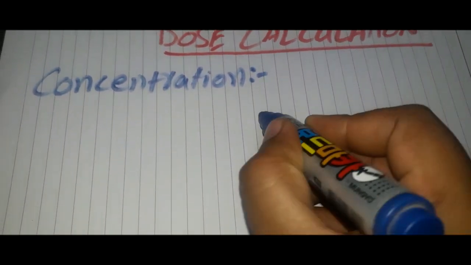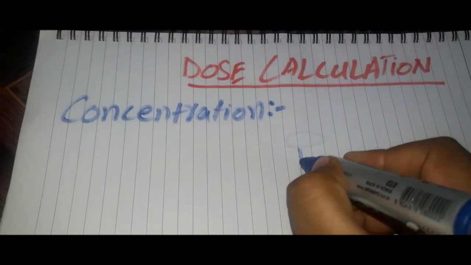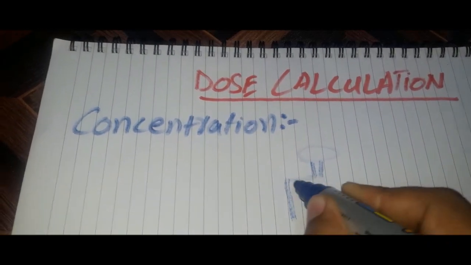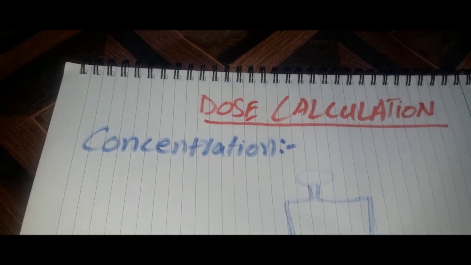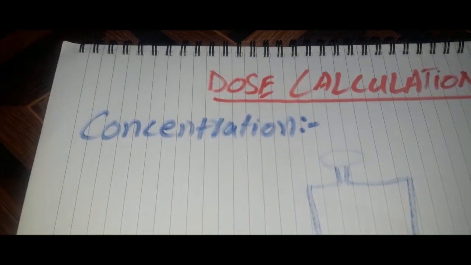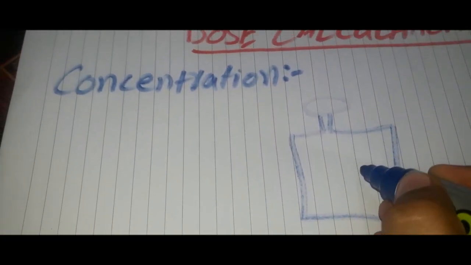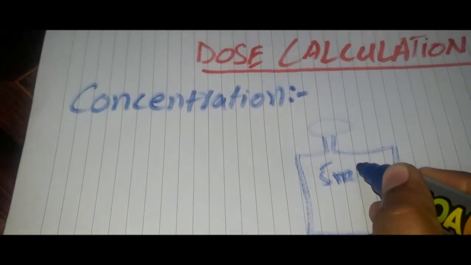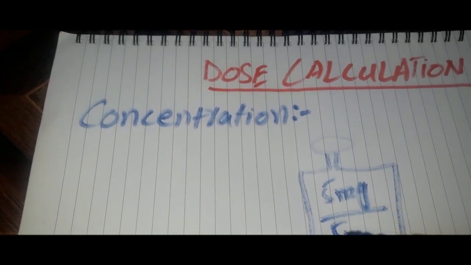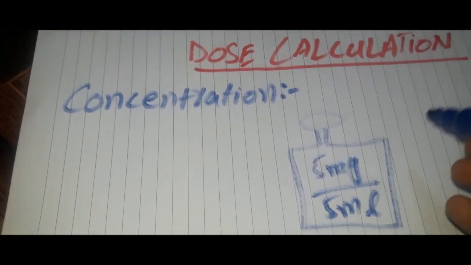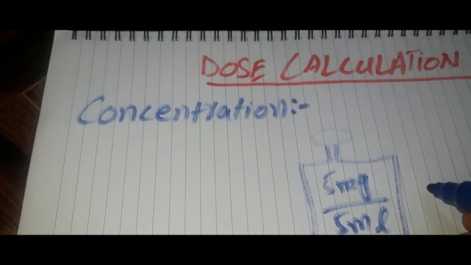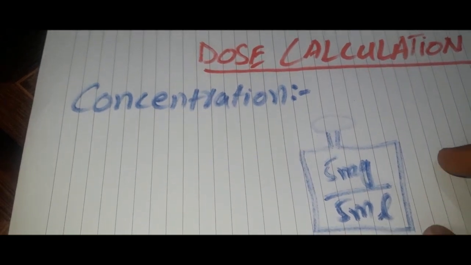Let's take an example. You have an ampule which contains 5 mg in 5 ml. So this 5 mg in 5 ml is called medication strength.